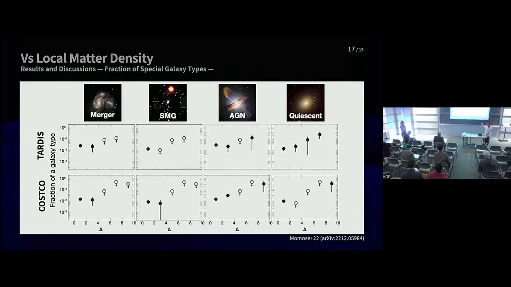Unfortunately, we didn't check the color against density, but maybe even the color or star formation activity is not affected by the cosmic web or density, because the environmental effect is not the main driver of galaxy evolution at this redshift. But as we get closer to the current universe, the situation may change. That's why in the local universe we can find a clear environmental effect, as I showed in the introduction. Okay, thank you.